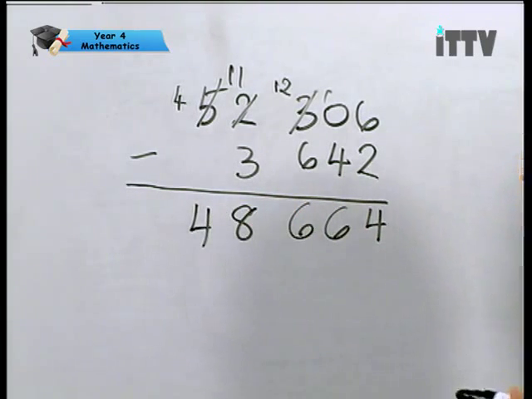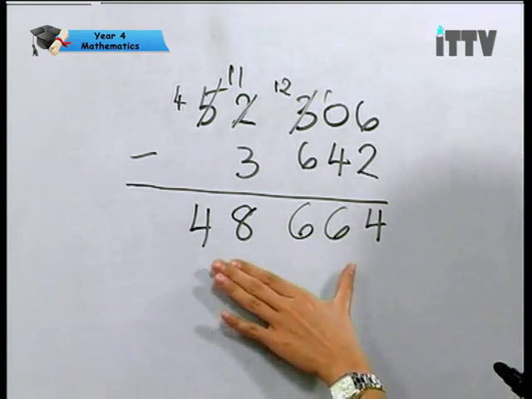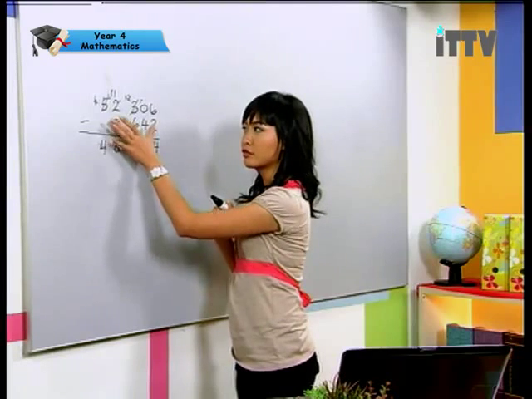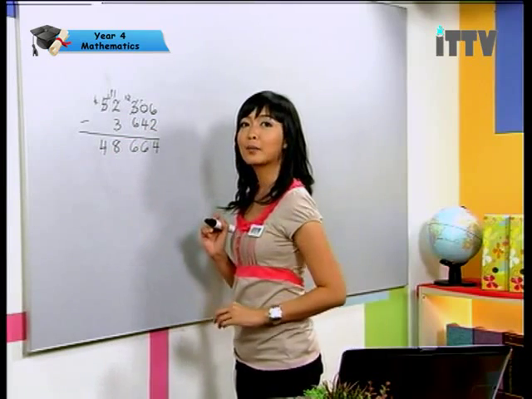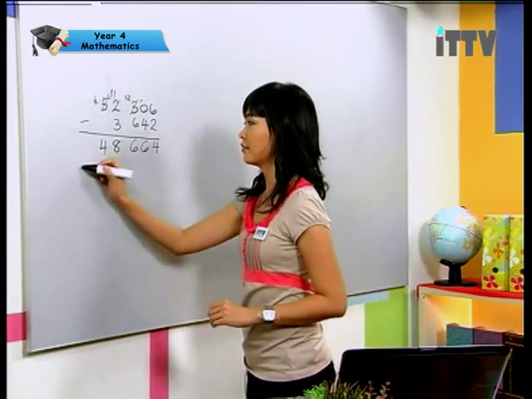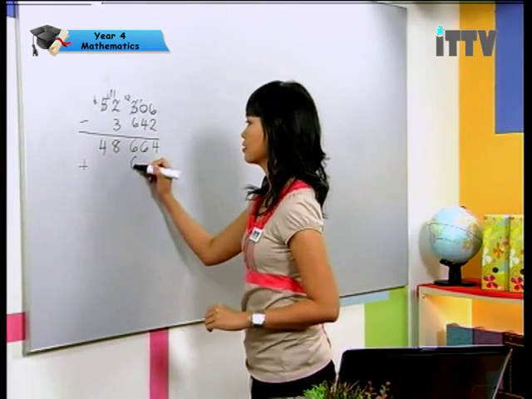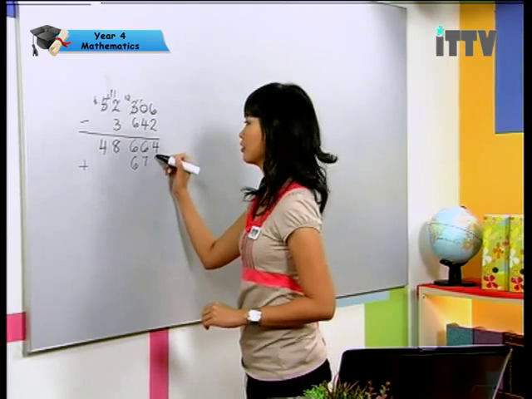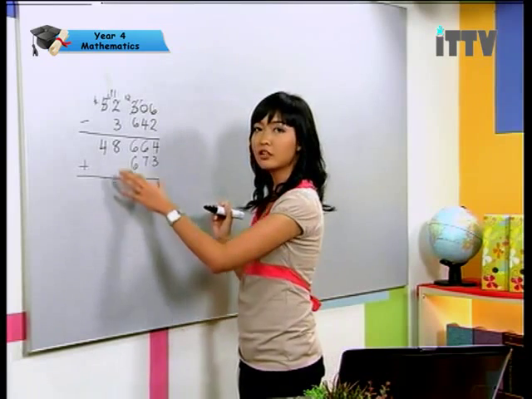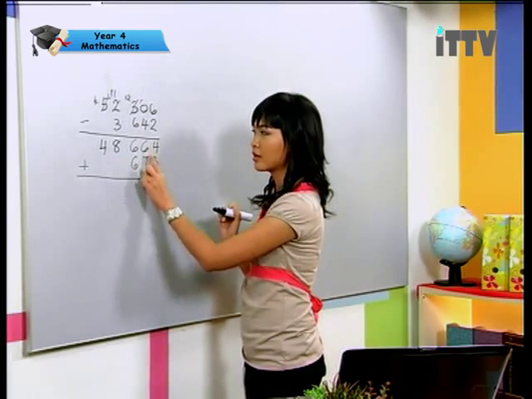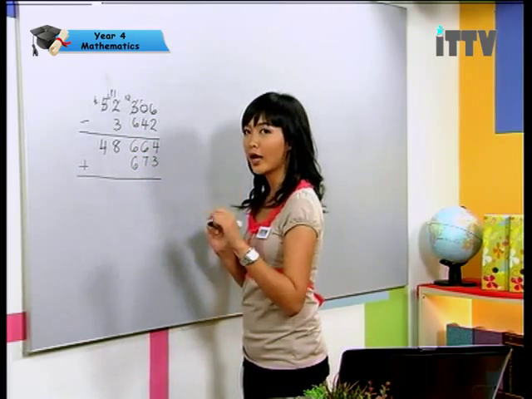4. Now, once we have gotten the answer for the subtraction, then only we move on to the next step, which is plus 673. Remember, when we fill in the numbers in vertical form, we must make sure that the numbers are arranged according to the right place value.